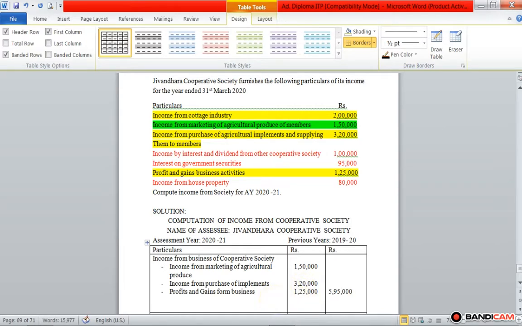Then we add income from cottage industries, which amounted to rupees 2 lakh.